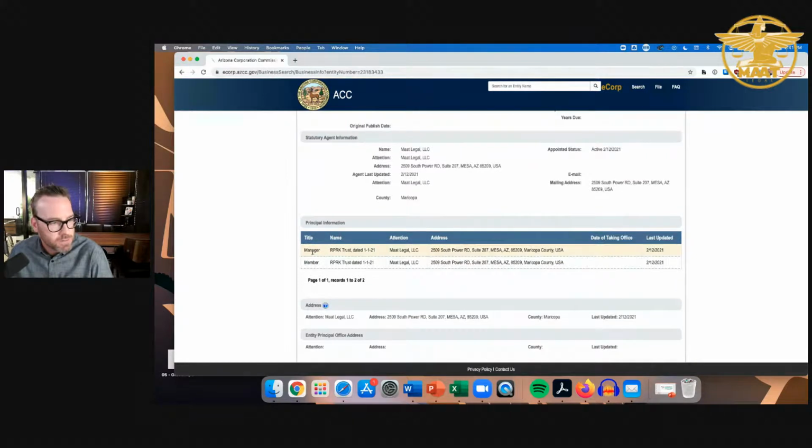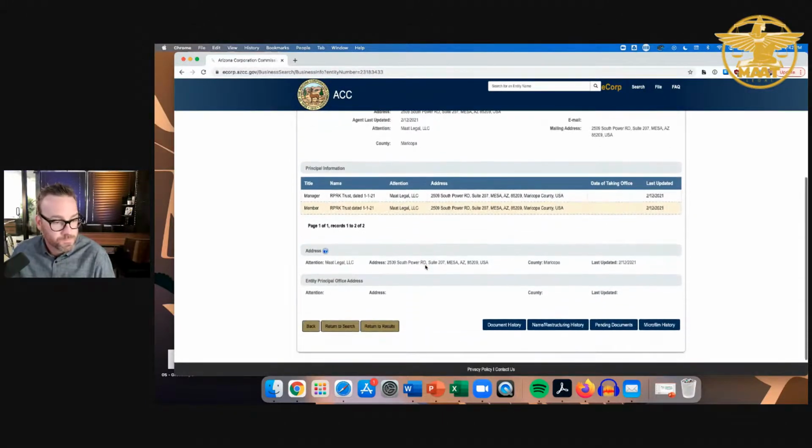The manager is the RPRK Trust, attention Mott Legal. So we get all the mail for this trust. If anything was sent, it would come to our address there at Mott Legal. And the member is a trust that also lists the Mott Legal address as well.